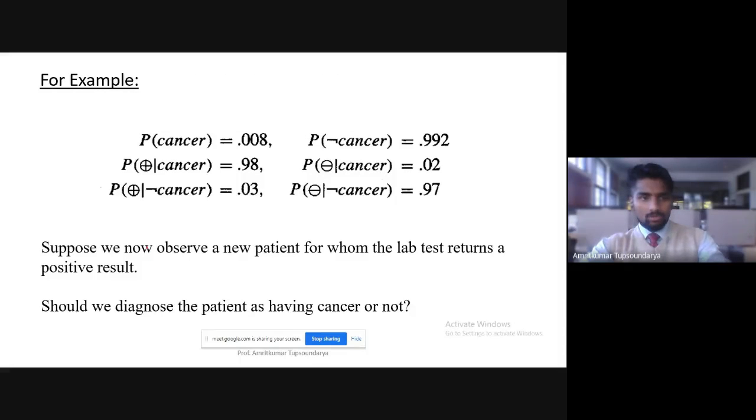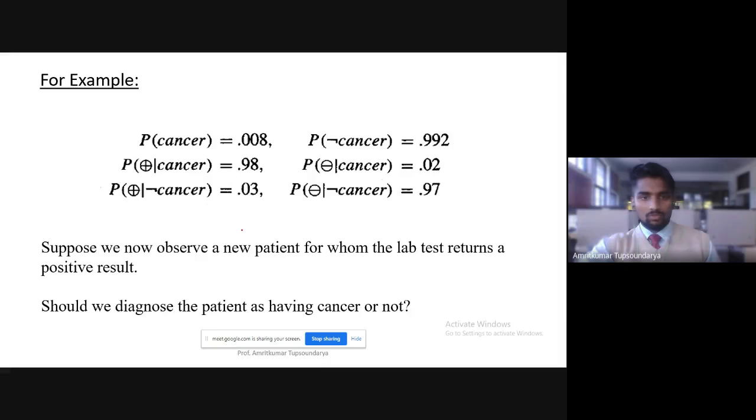We saw an example for H MAP and H ML in the detection of cancer in a patient: the probability of having cancer in a given population, the probability of not having cancer, the probability of testing positive for patients having cancer, testing negative for patients having cancer, testing positive for patients not having cancer, and testing negative for patients not having cancer.